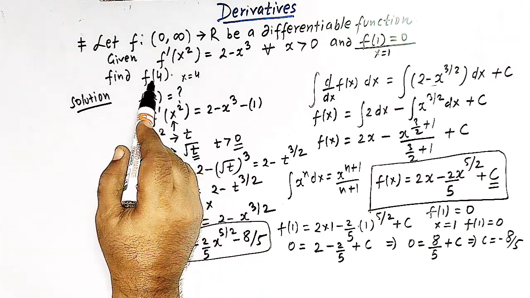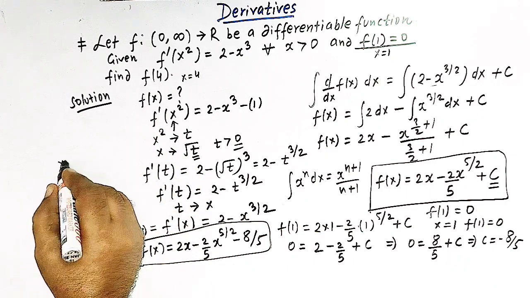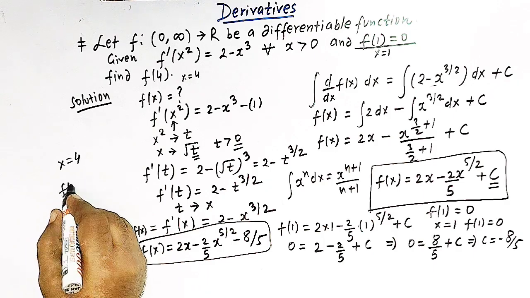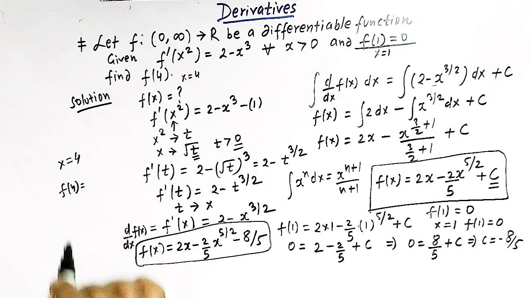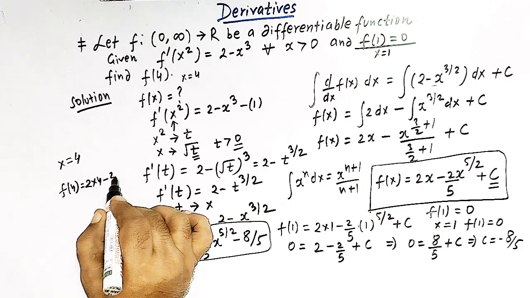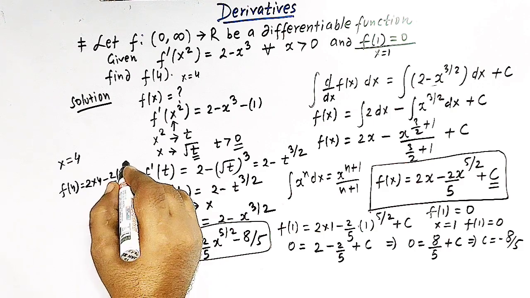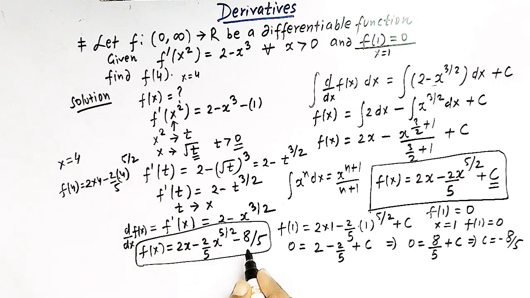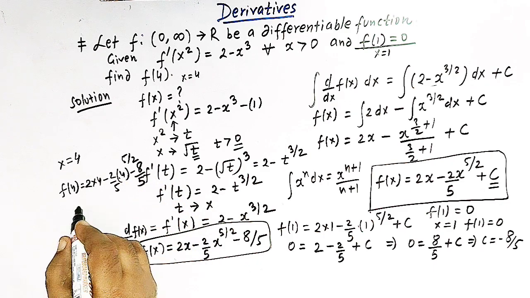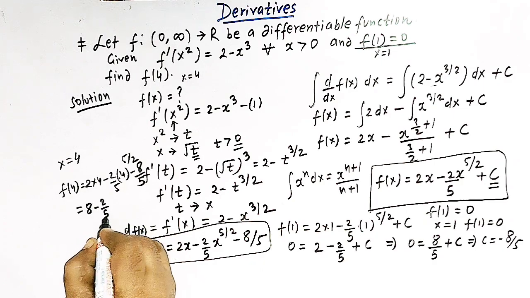Now we can easily find out the value of f of 4 by substituting x is equal to 4 in this expression. So we have f of 4 is equal to 2 times 4, then we have minus 2 over 5, and here we have 4 raised to 5 over 2, and then we have minus 8 over 5, right? So this is 2 times 4 is 8, and here we have 2 over 5.